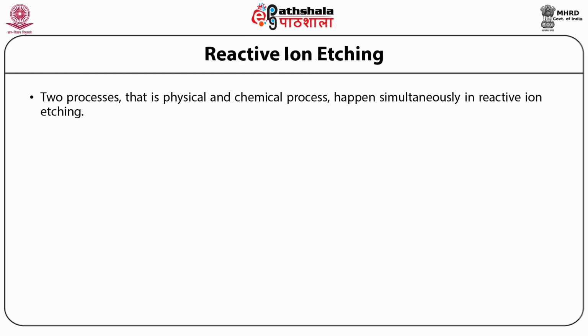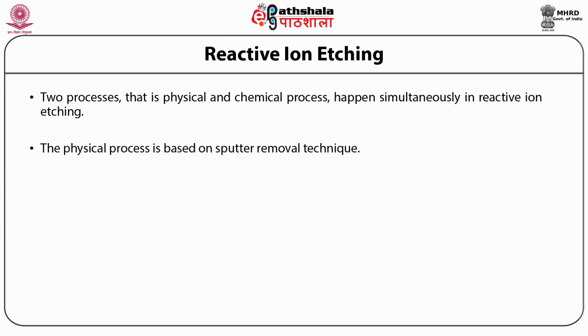Two processes, that is, physical and chemical process, happen simultaneously in reactive ion etching. Both of them are responsible for the completion of the etching process. The physical process is based on the sputter removal technique.